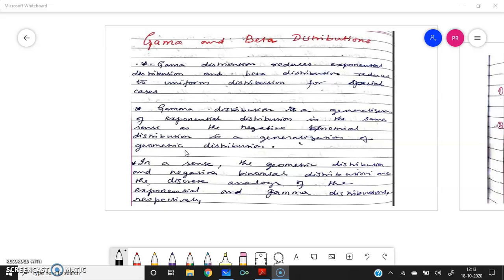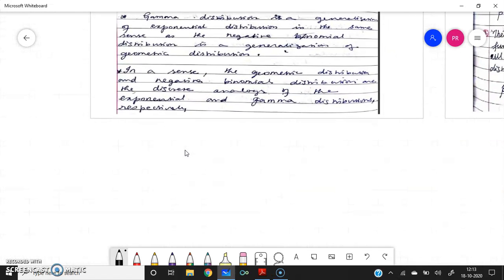The geometric and negative binomial distributions are discrete, and they are analogous to the exponential and gamma distributions, which are continuous. They are related to each other. You can understand the word analogous.